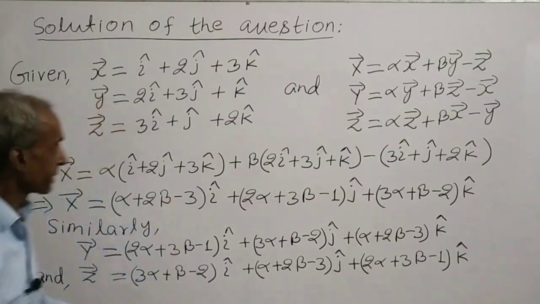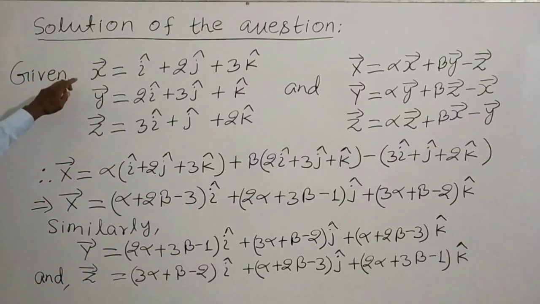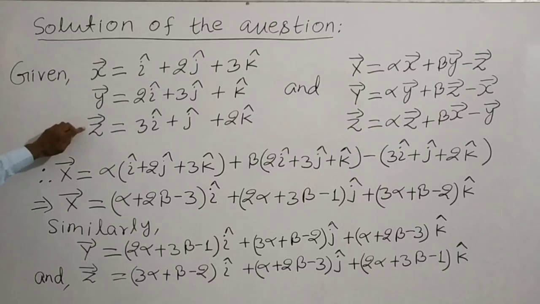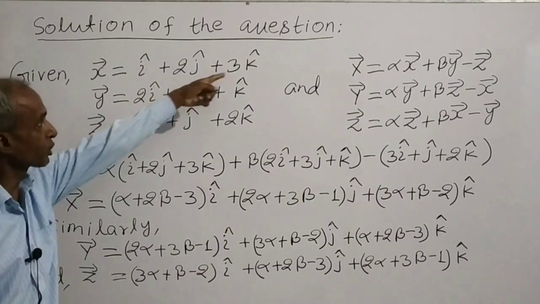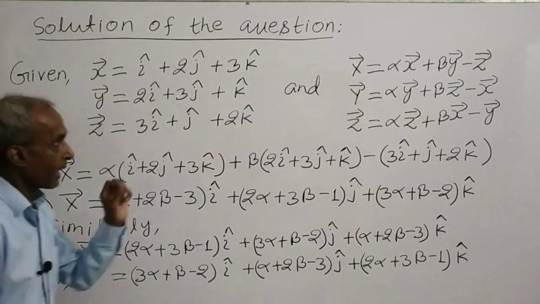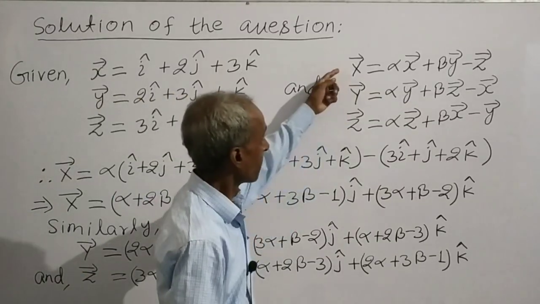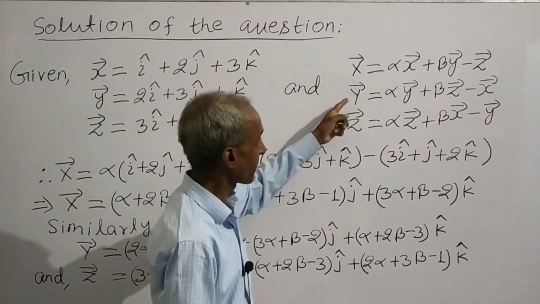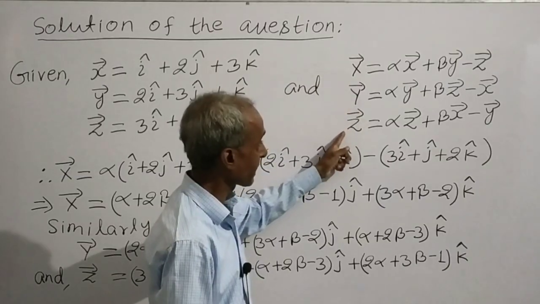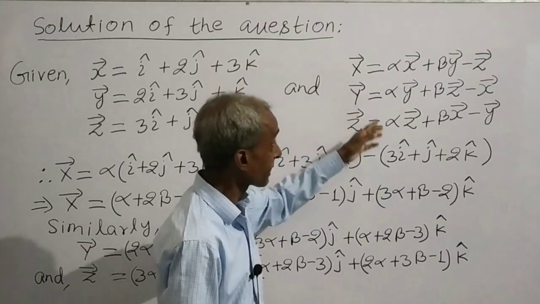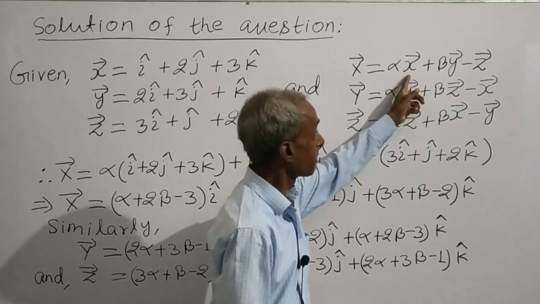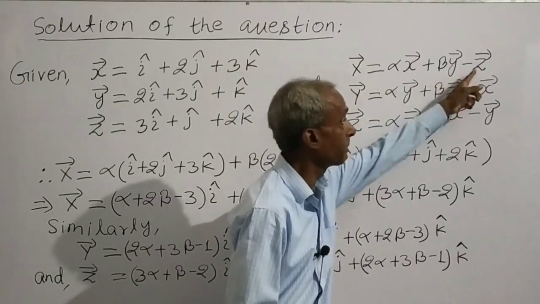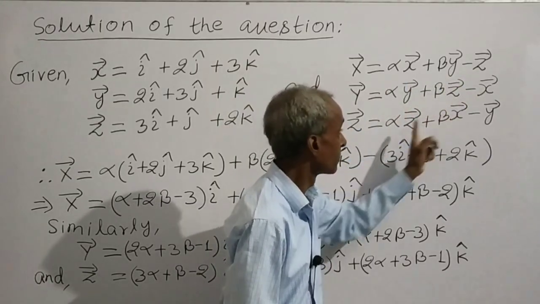In this question, three vectors, vector small x, vector small y, vector small z are given in terms of i, j, k, and three vectors, vector capital X, vector capital Y, and vector capital Z are given in terms of vector small x, vector small y, vector small z.